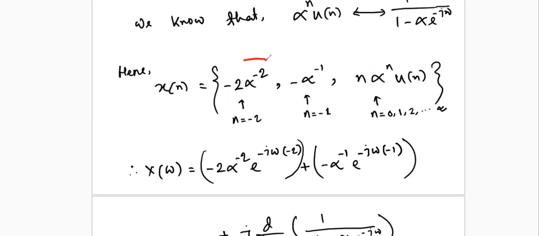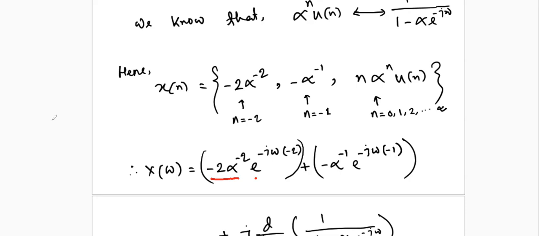So first of all, we need to do the Fourier transform of this part. By definition, we have x[n] multiplied with e to the power minus j omega n. What is the value of n? Minus 2.